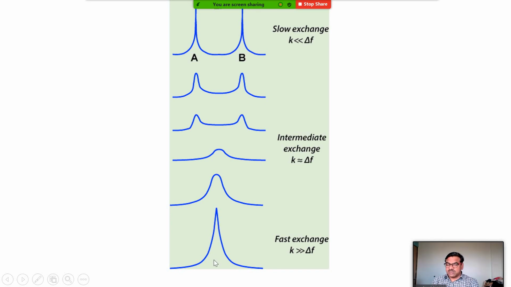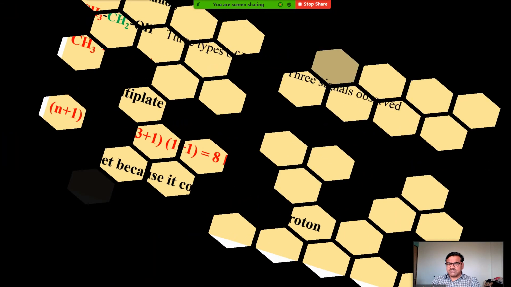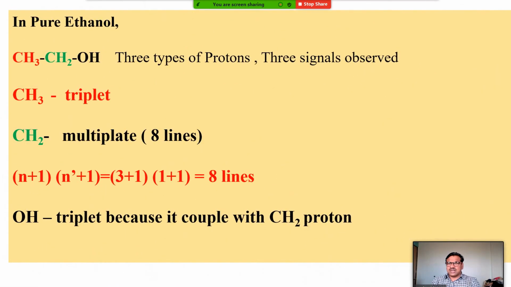That peak is broadened. I think from this example or diagram, you can understand the meaning of slow exchange, intermediate exchange, and fast exchange. This is very interesting to understand.